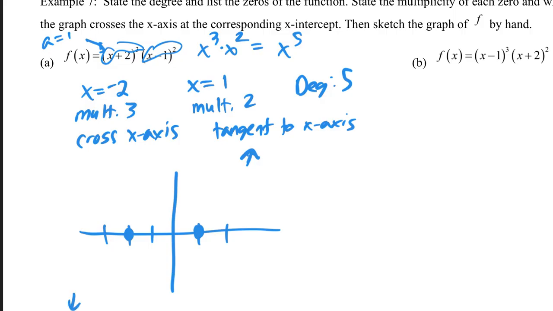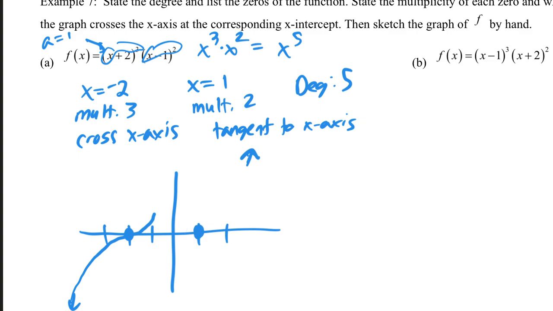So now I just need to get from my starting point over here. I'm going to go left to right. So I'm going to start from here and go through this 0, right? At -2, I'm crossing through the axis and flattening out a little bit. So I'm going to approach that 0, flatten out a little bit, and continue going the way I came from. At some point I've got to get from here to this next 0.